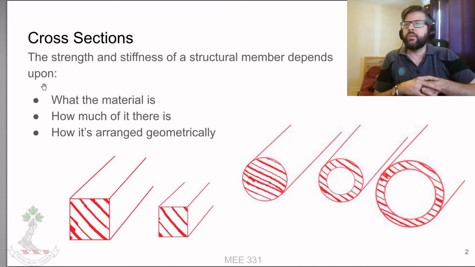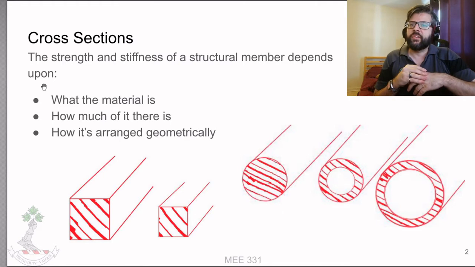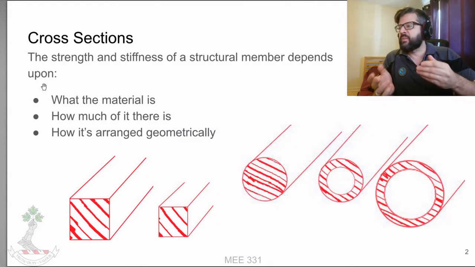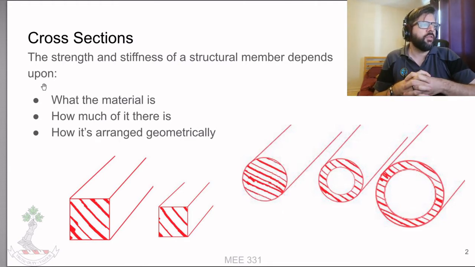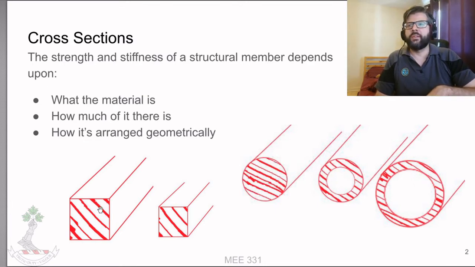resists bending or resists twisting versus, say, an I-beam that has the same cross-sectional area. For example, I think it's fairly intuitive that this bar here is going to be stronger than this bar here.